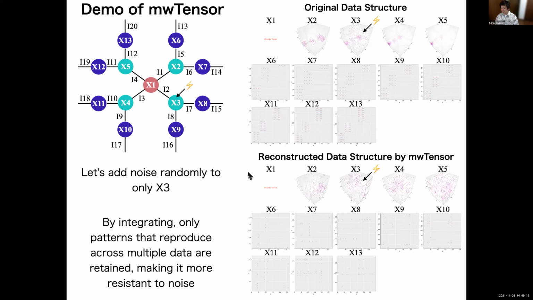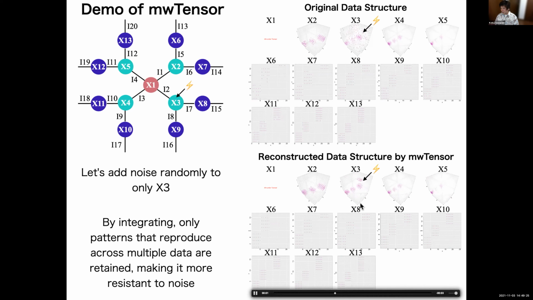Now let's add random noise to only X3. Interestingly, when we look at the reconstructed data here, we can see that we have extracted only the original pattern and not the noise. This is because X3 is connected to the surrounding X1, X8, and X9.